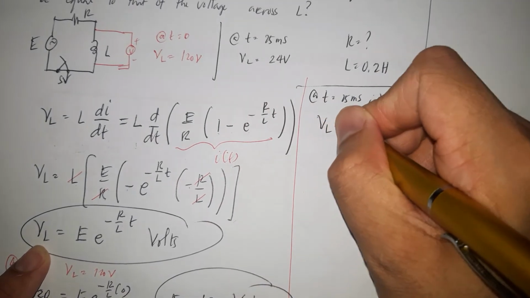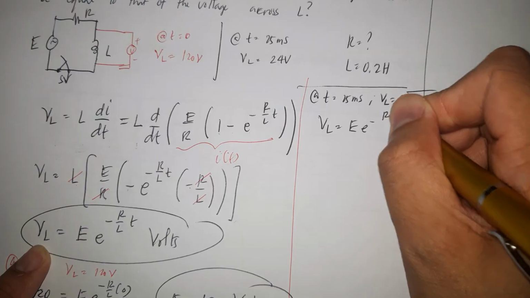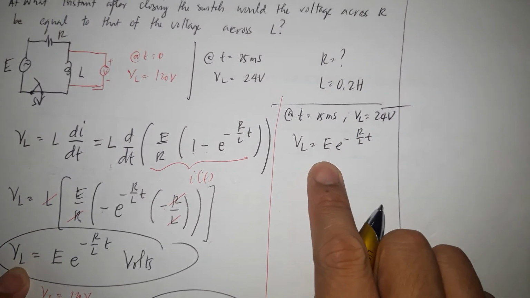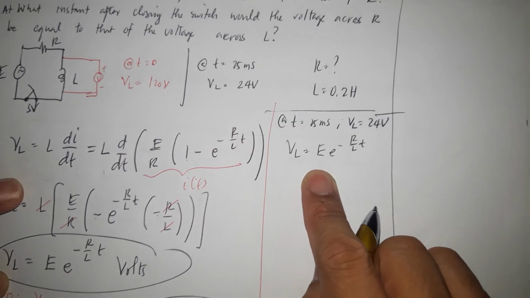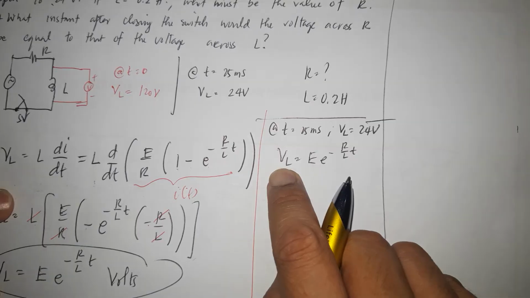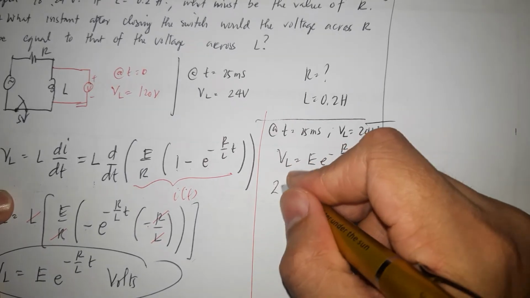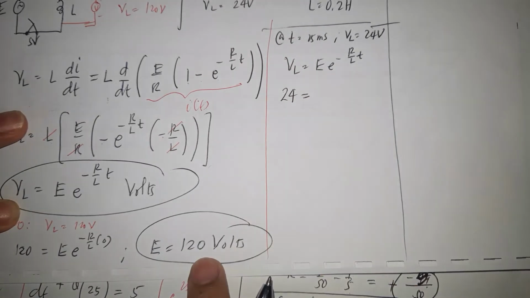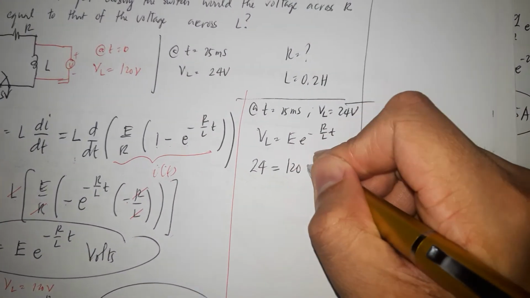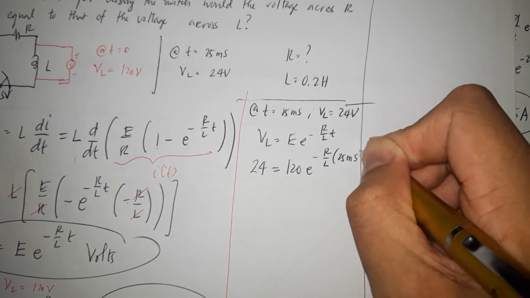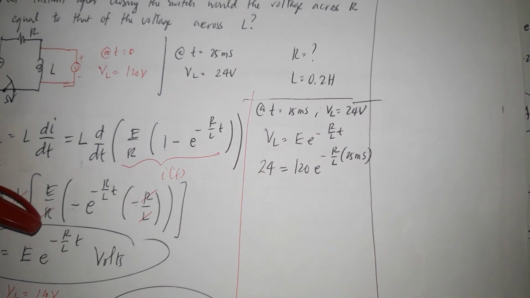From VL is equal to E times e to the negative R over L t, I just need to substitute the givens. VL is 24, our E as solved is 120, times e to the negative R over L multiplied by 25 millisecond.